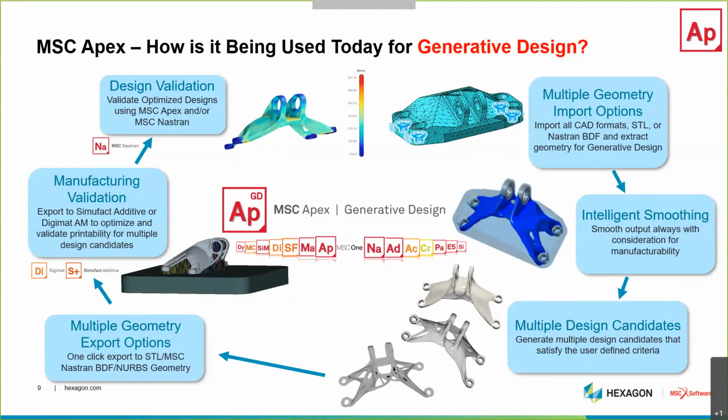But at the end of the day, if you are 3D printing anything, whether it be out of metal or polymers or fiber reinforced composite or anything, you can validate that design by not only validating it with the print build and thermal distortion, whether it be DGNAT or SimUvac, but you can also start in the very beginning by doing a full topology optimization and getting very rapid design candidates.